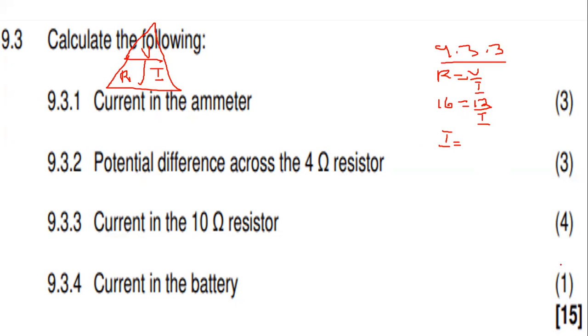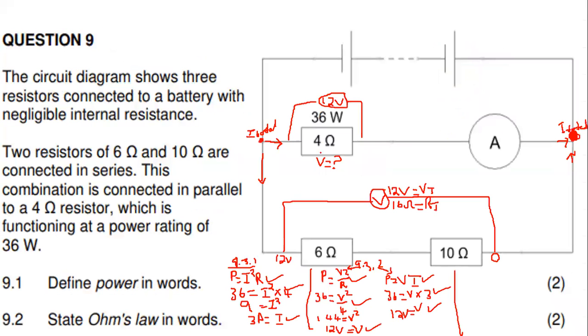I find that the current flowing in this lane is 0.75 amperes. So in this lane, my dear learners, I saw that 12 volts came through and it worked for a total resistance of 16 ohms.